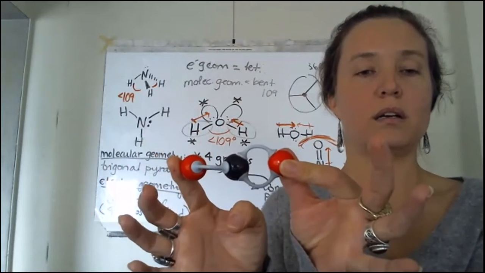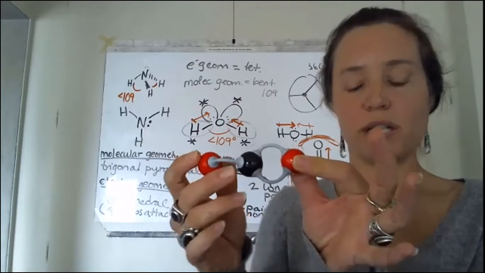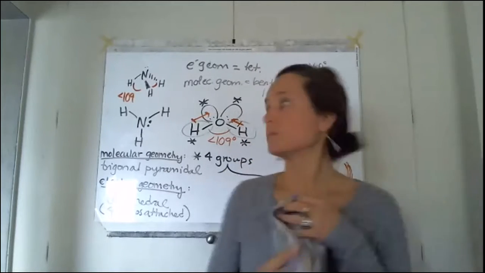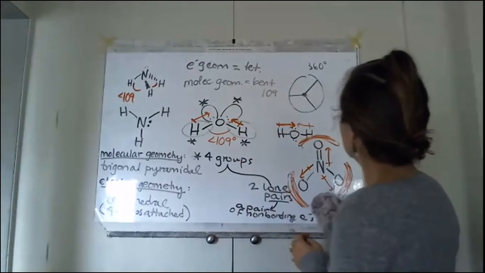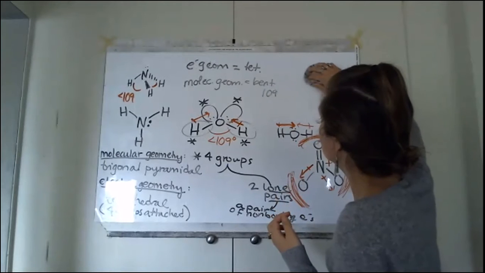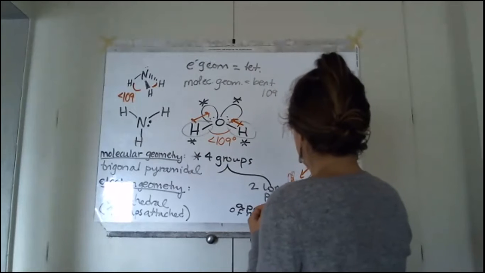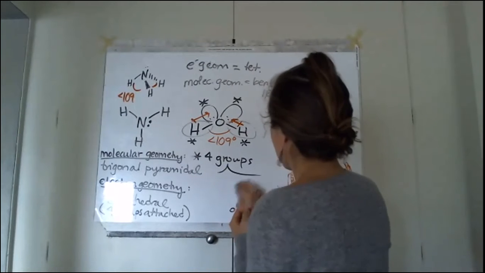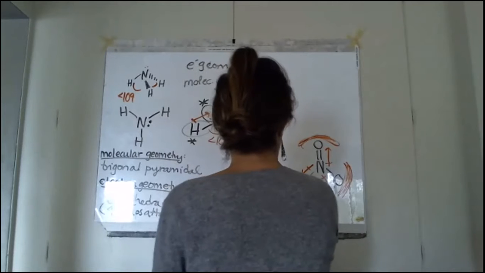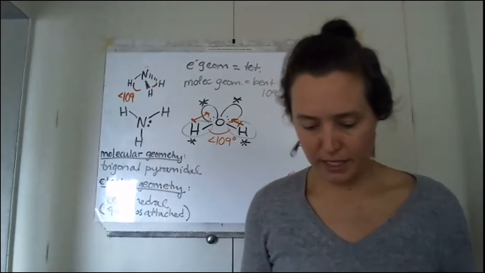I think that's where I get confused, the electron density and stuff. Yeah, picture it like this. I'll draw it on the board. So here's carbon dioxide.